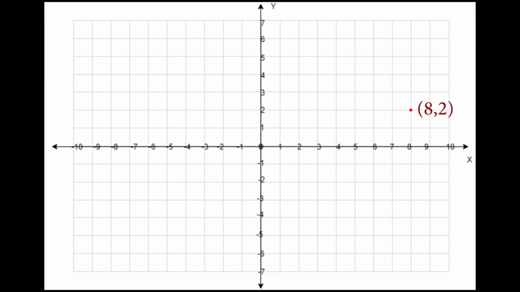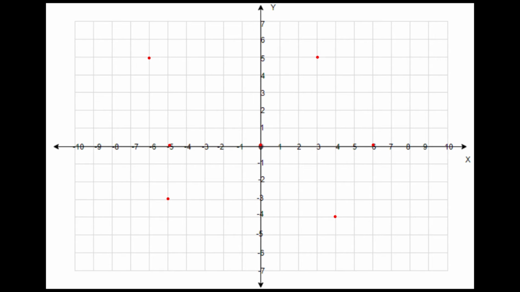So let's do some other examples. Take this point, for example. In order to reach this point, we have to take 6 steps towards the x-axis, and we don't need to take any steps in the direction of the y-axis. So this point is 6, 0.